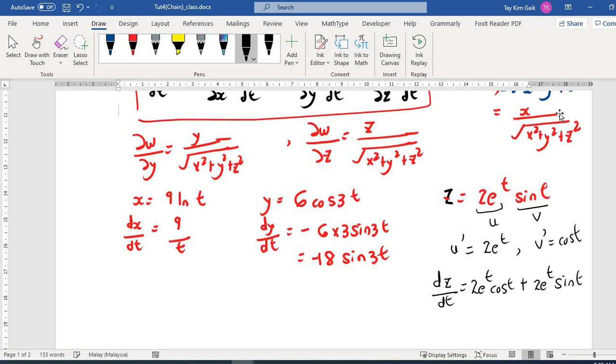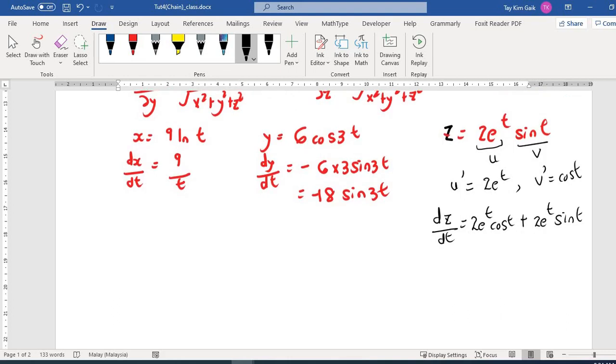Then plug in your ∂w/∂x, multiply dx/dt, plus ∂w/∂y multiply dy/dt, plus your ∂w/∂z multiply dz/dt, you get your dw/dt.